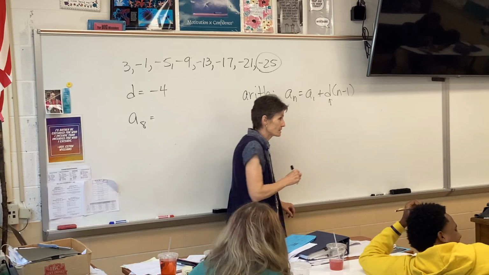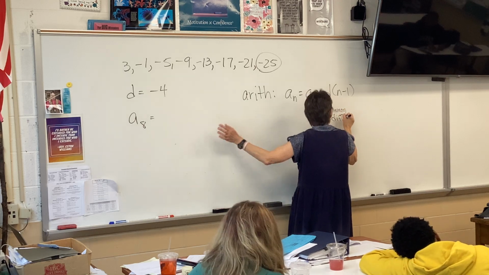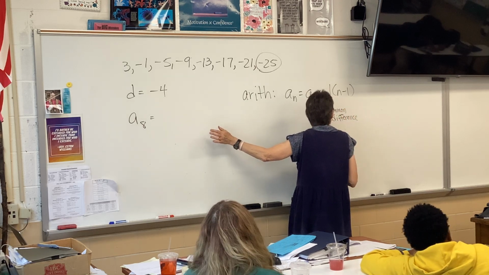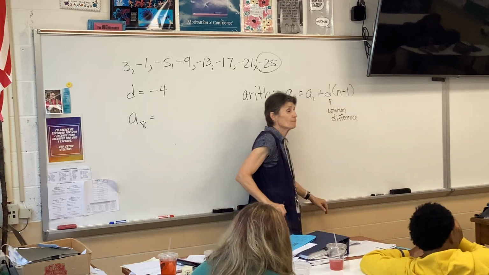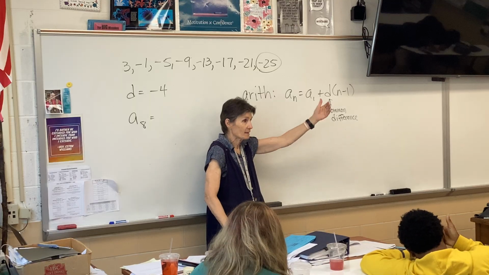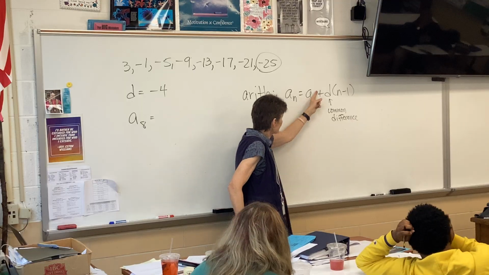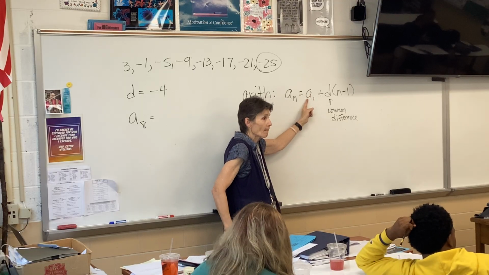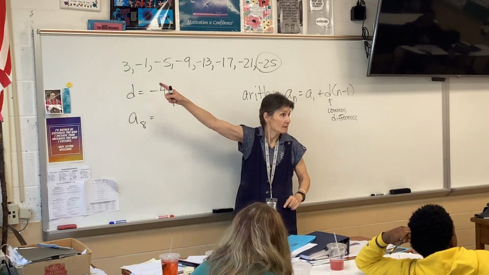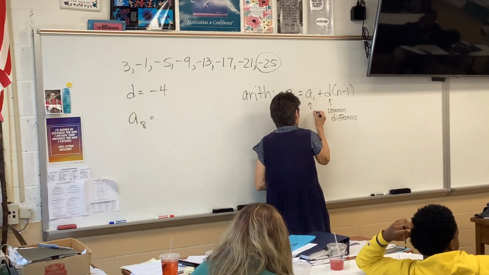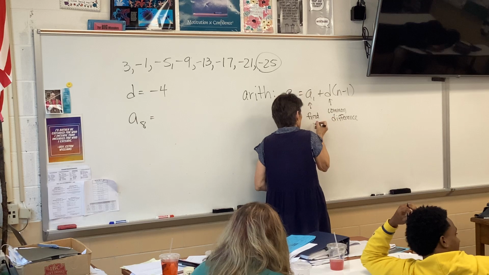The common difference. And in our problem, the common difference is what? We figured it out. What's the common difference? The common difference is the number that you keep adding. So the common difference is -4. What does this stand for right here, A sub 1? The first term, which is 3. This stands for the first term. A sub 1, term 1.